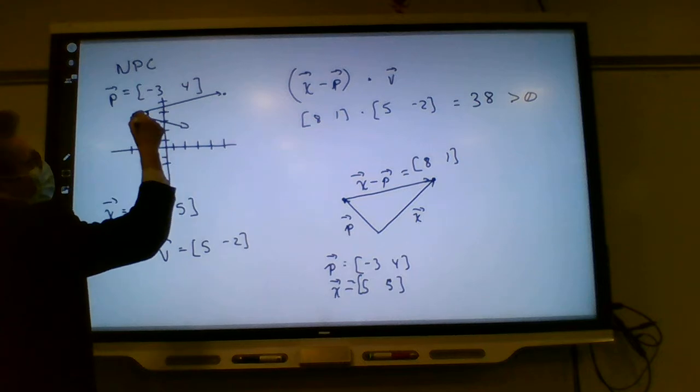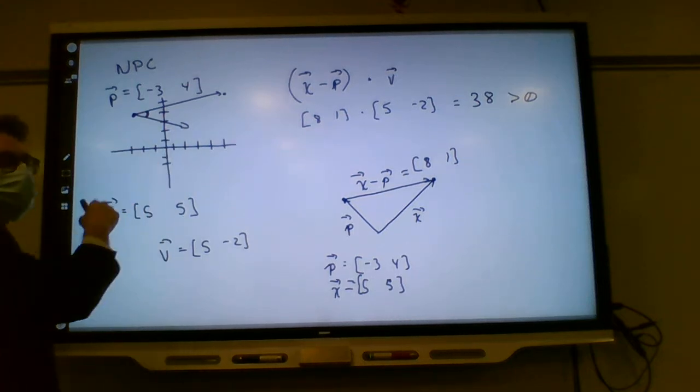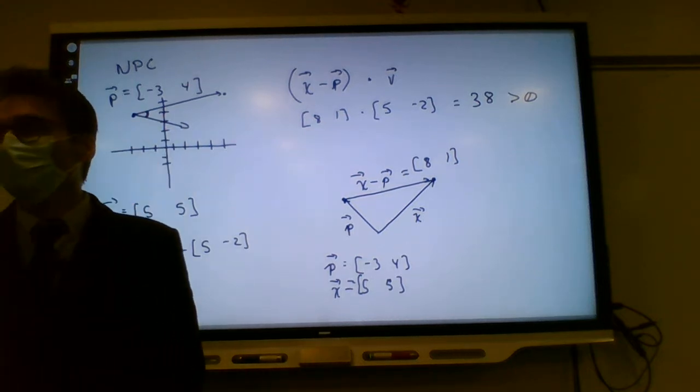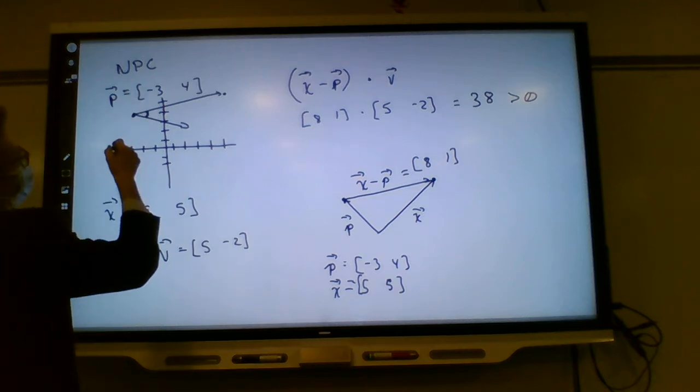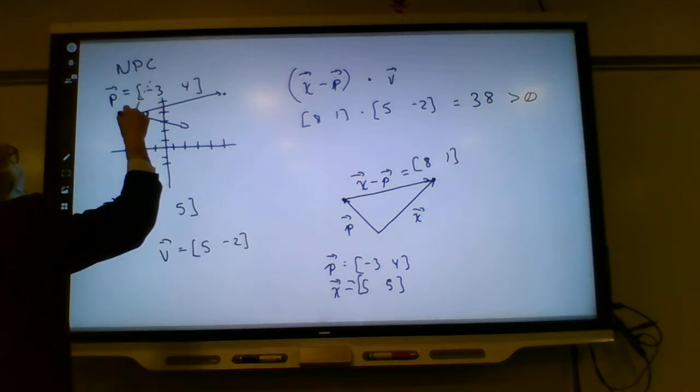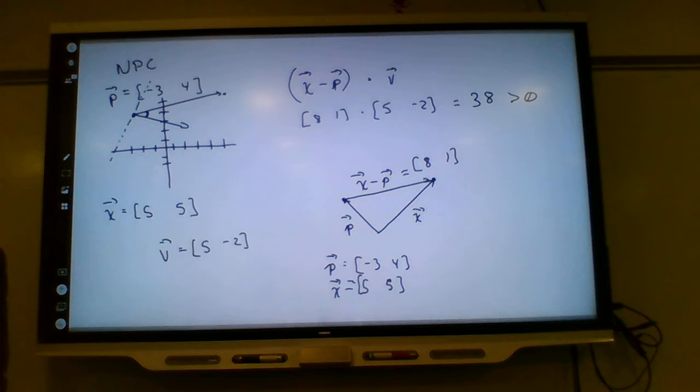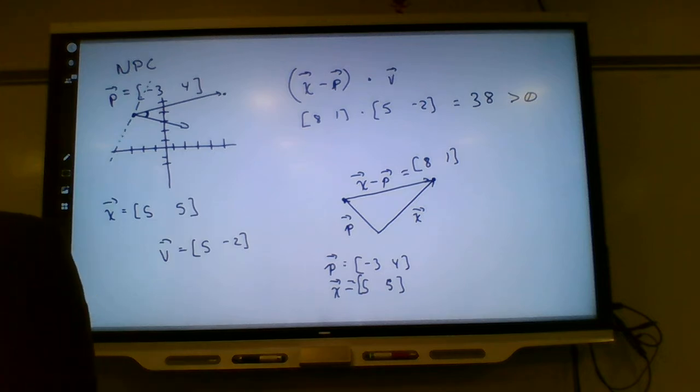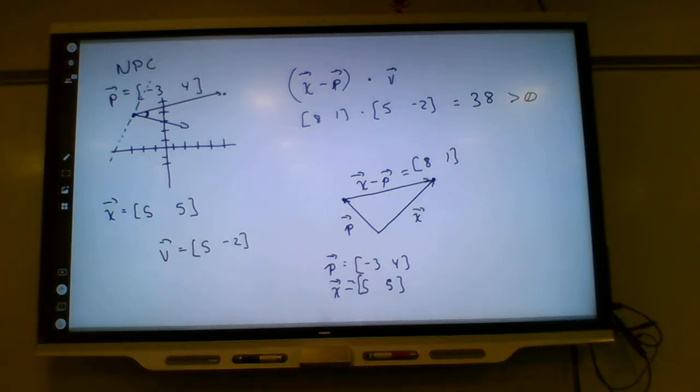38 is greater than 0, which means that these two vectors point into the same half plane. So the right angle here, these two vectors point into the same half plane. And so what's the idea? The idea then is that the point is in front of, in some sense, the character.